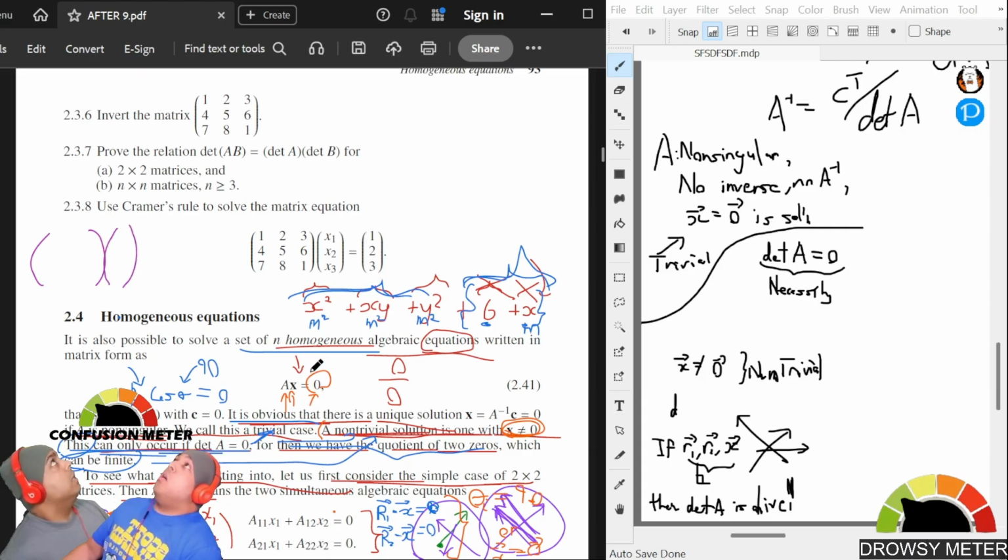If A is invertible, we can put A inverse here, right? Is anything multiplied by the 0 vector a 0 vector? Yeah, anything times 0 will give you 0, which means x will be equal to 0.